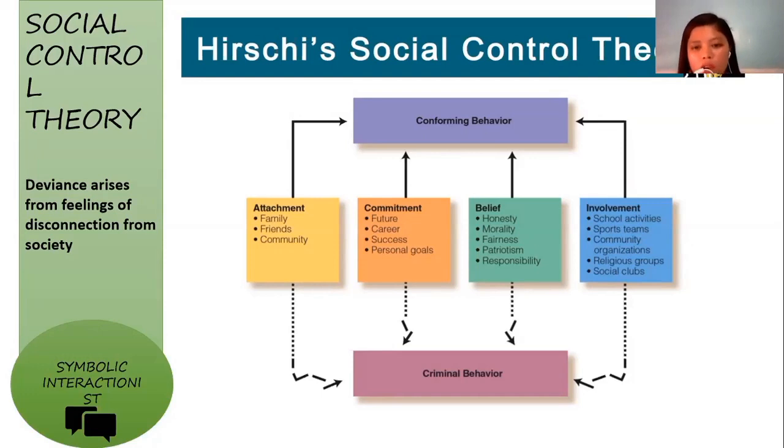We have here a diagram that explains the social control theory, which describes the difference between conforming behavior and criminal behavior.